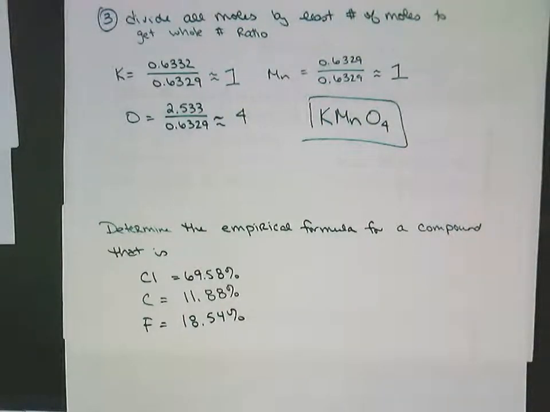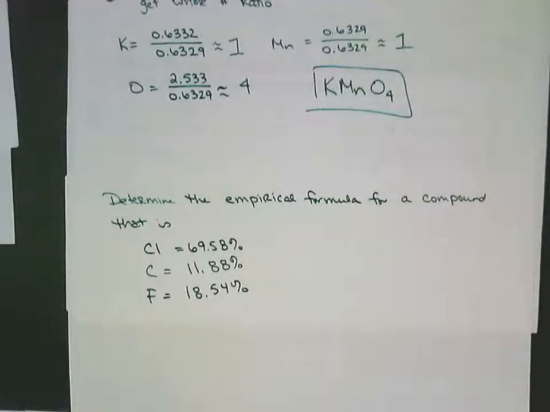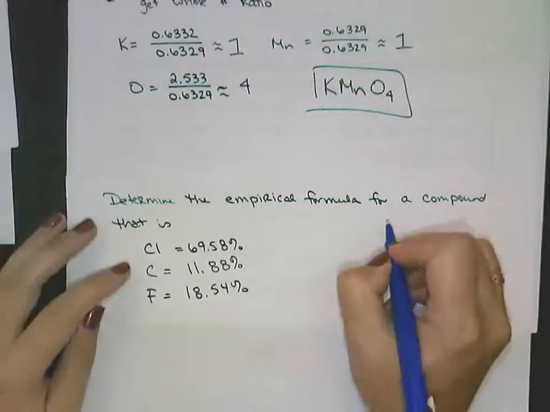All right, so let's determine the empirical formula for a compound that contains 70-ish% chlorine, 11.88% carbon, and 18.54% fluorine. So, with whoever you're sitting next to, let me at least give you the formula masses so you have those.